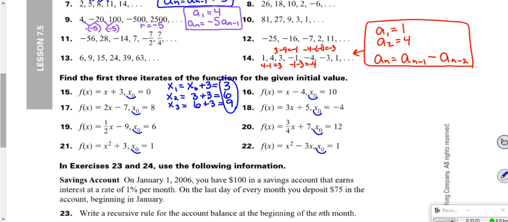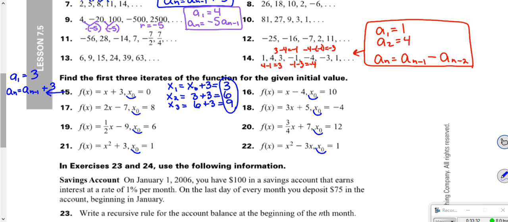Essentially, I had written this incorrectly earlier. I would have rewritten this as a sub 1 equals 3, and then a sub n equals a sub n minus 1 plus 3. That would be another way to write it. But the first 3 iterates, or I always call them iterations, are 3, 6, and 9. The sub 0 doesn't count as the first one on these.